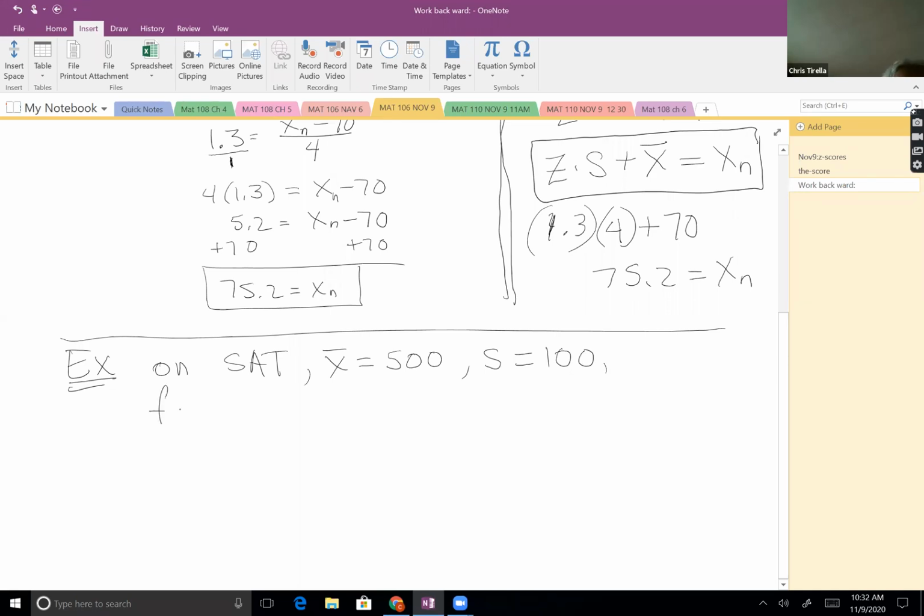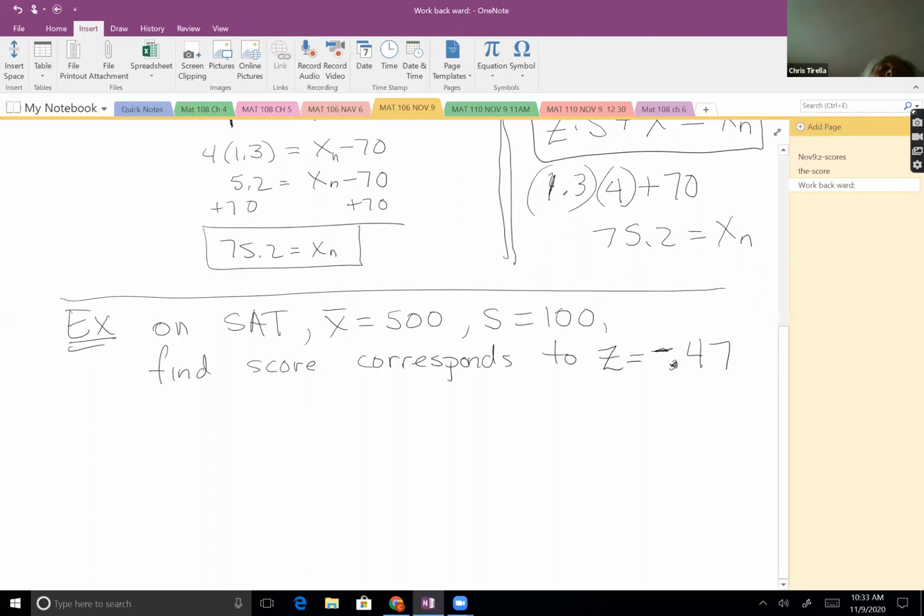Let's find the score that corresponds to a z-score of, let's say, negative 0.47. I'm going to shut up for a minute and ask you folks to work this out. And then we'll go back and do it together if necessary.